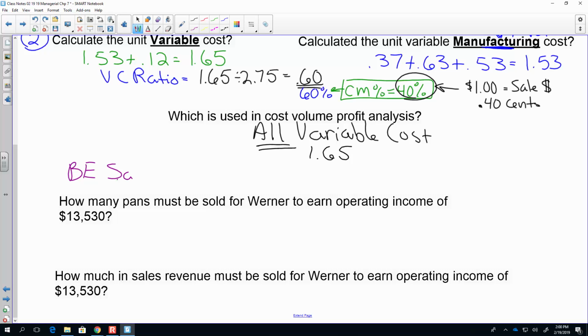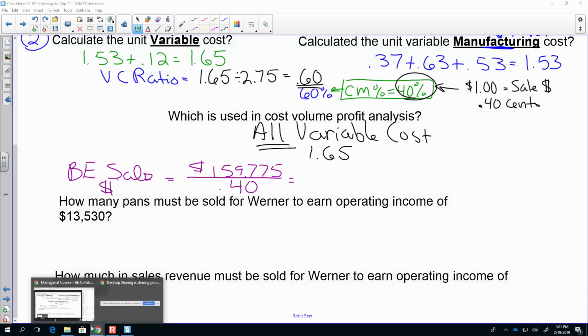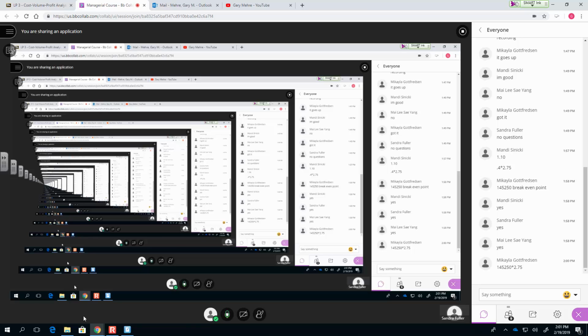Fixed cost divided by the contribution ratio. Yes. Our fixed costs were what? 159,775. And my ratio is 0.4. Excellent. Michaela, what is that amount then? You're right also.